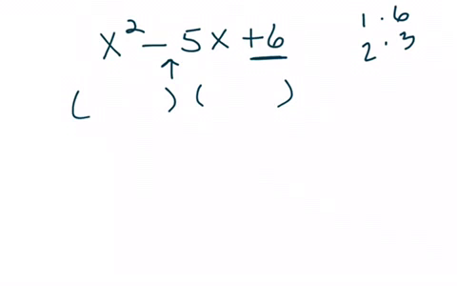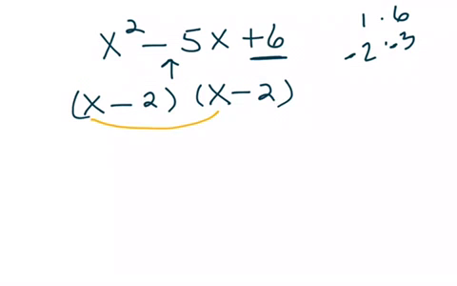The only way to get them to add to negative 5 is to put a negative here and a negative here. All right, so watch this. I'll put my x's down. And then for it to be multiplied to positive adds up to negative, they both have to be negatives. Negative 2. All right, now watch this. Let's try this, okay? x times x is x squared. x times negative 2 is negative 2x.